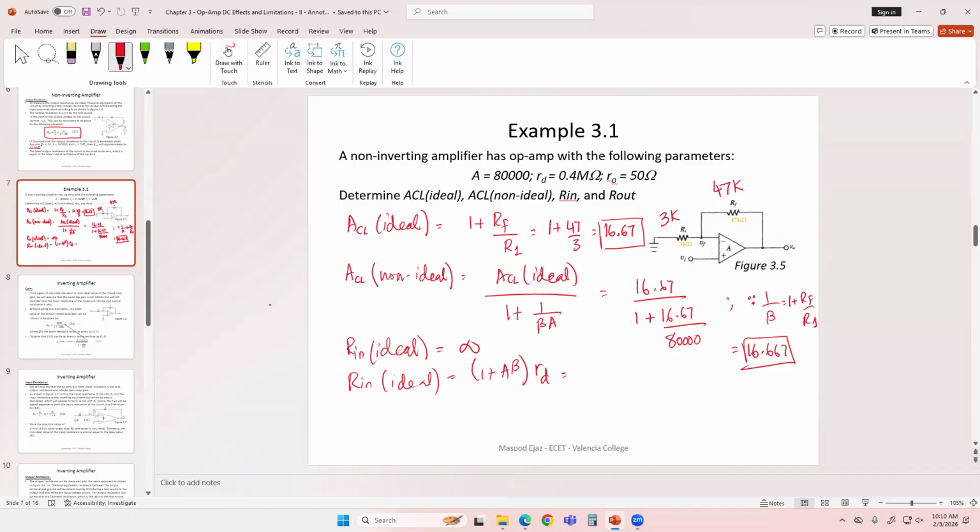What's the answer? Yes, Yunus, what's the answer? 1920 mega, so 1.92 giga. 1.92 giga ohms.